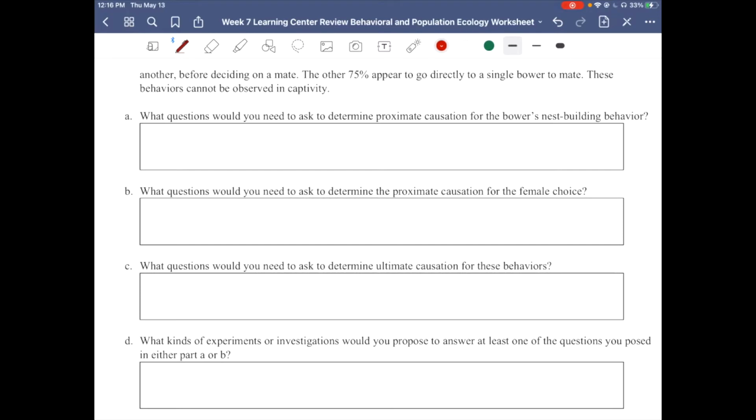So one question we could ask to determine the proximate causation could be what characteristics of the environment trigger the bower building response in males, because the question pointed out that it's only observed in nature, not in captivity. So asking a question like that would help us determine the characteristics of the environment.